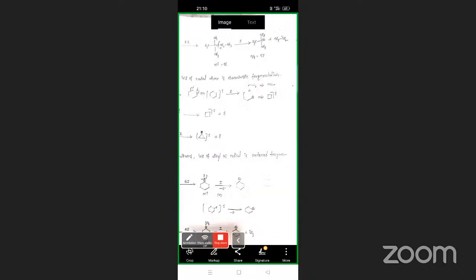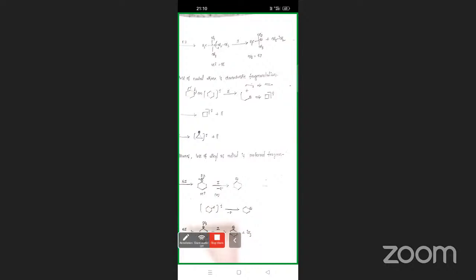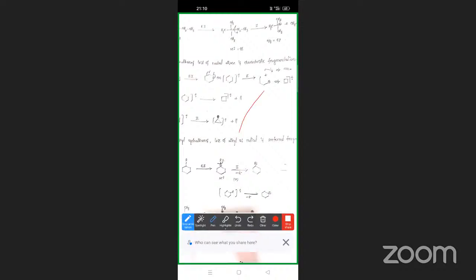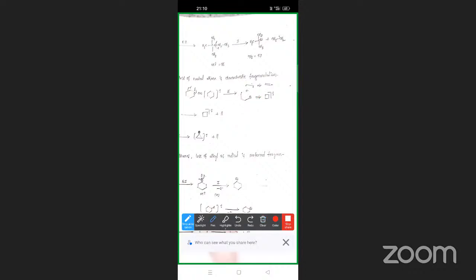That particular cation obtained in this fragmentation is highly branched, so it is okay. It is tri-substituted, so this is allowed.